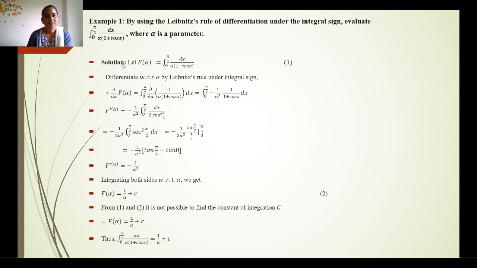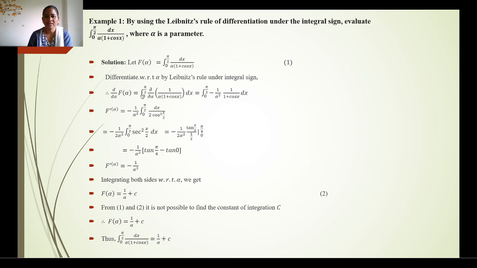So in the solution part, let us represent the given function as f of alpha. f of alpha is equal to the integral of 0 to pi by 2 of dx by alpha into 1 plus cos x. Differentiate with respect to alpha by Leibniz rule under the integral sign.